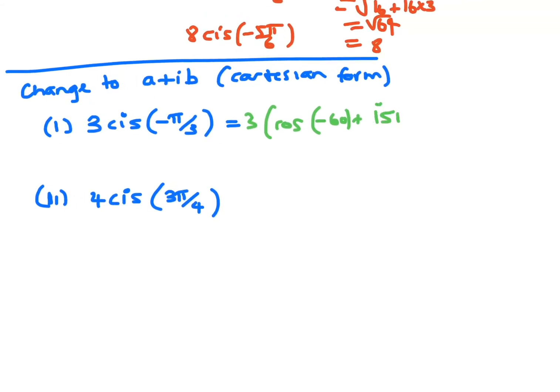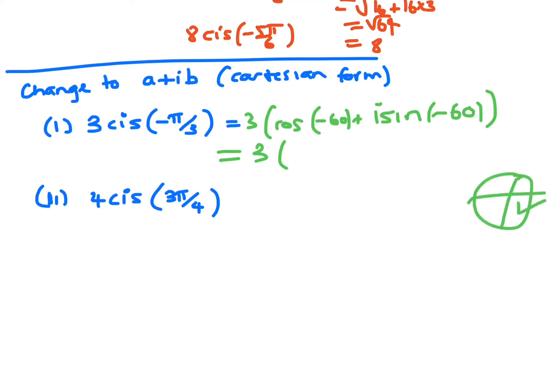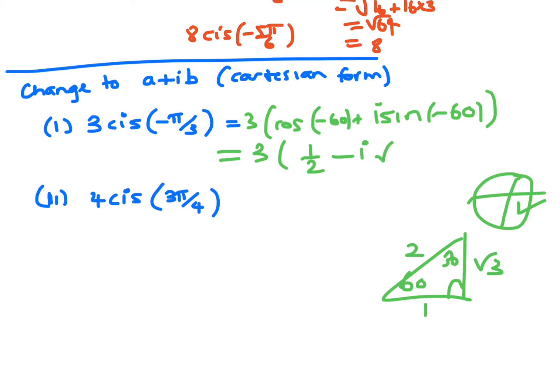So it's i sine minus 60. Now, cos of minus 60, in that quadrant would be positive, cos of 60, which is a half. If we look at this as 60, 30, 1, 2, root 3, so it'll be the same as cos a half, and then minus i sine, that'll be root 3 on 2.